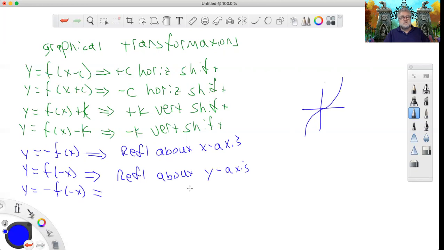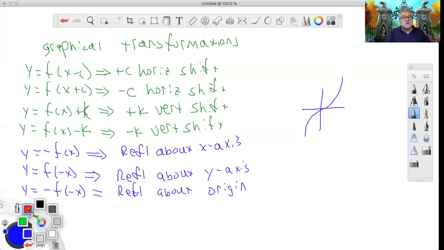It would be a reflection about the origin, because first the inside one would give me a reflection about the y-axis, and then the outside one would give me a reflection about the x-axis.